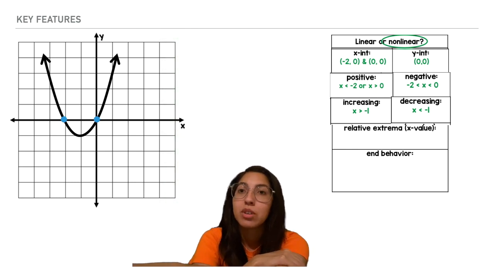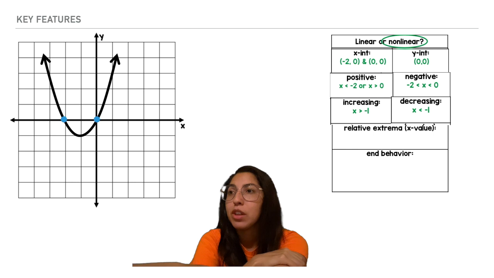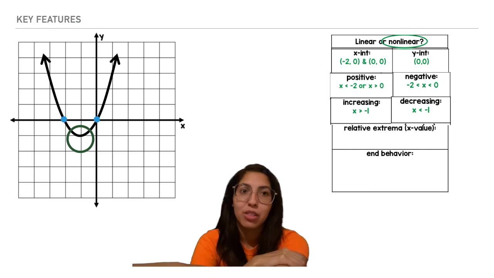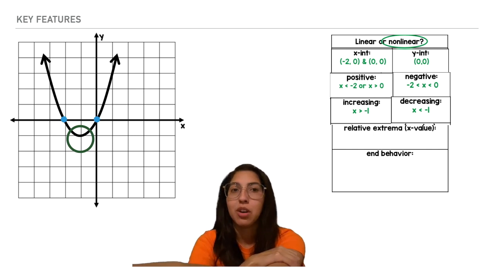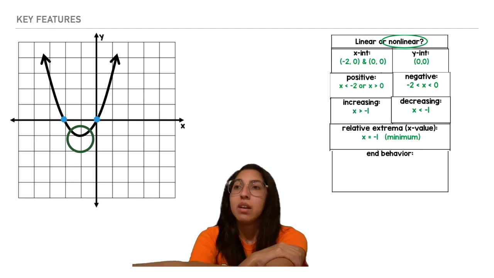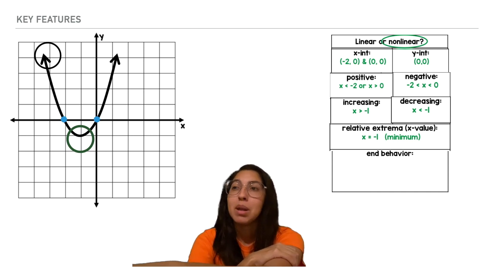So relative extremas on this one, if we look for highest or lowest points, right there we've got a lowest point. So the curve actually touches a very low point, lower than anything else. So this is x equals -1. That is our minimum.